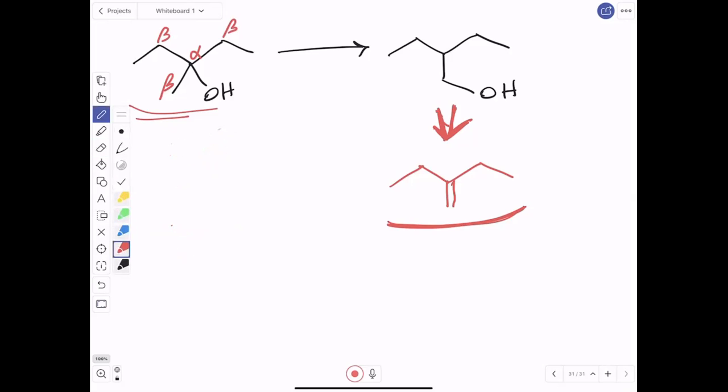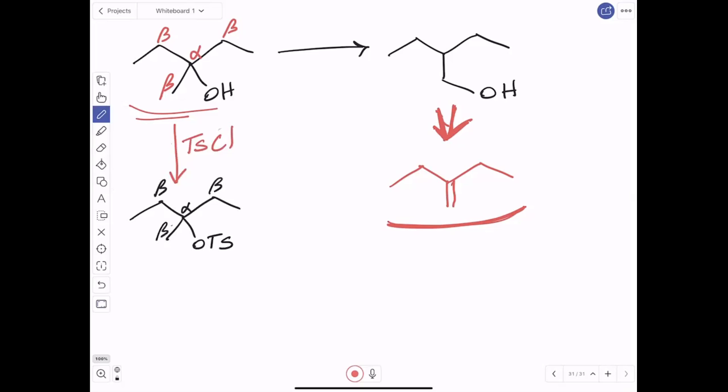So instead, I'm going to convert OH to OTs. So I will add tosyl chloride and OH becomes OTs. Now, can you give a reagent to convert this to that alkene to give the Hofmann product?